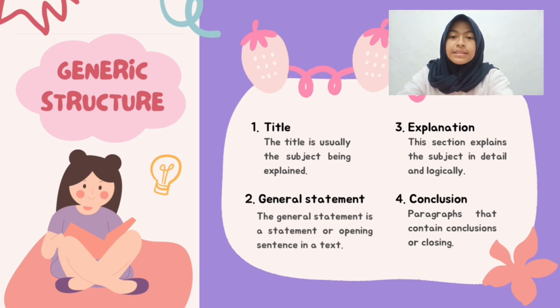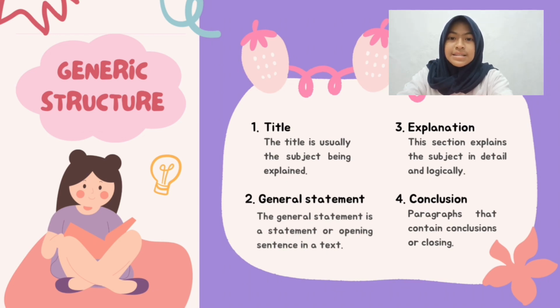After that, the general statement. The thing that you have to write in the general statement is the opening statement or sentence. It contains a brief introduction to the subject to be discussed. And then the explanation. This section explains the subject in detail and logically.